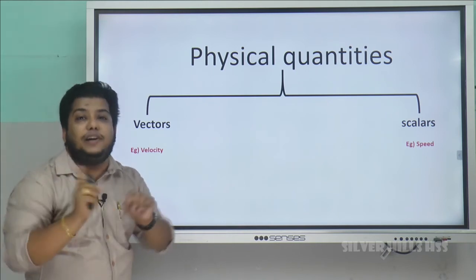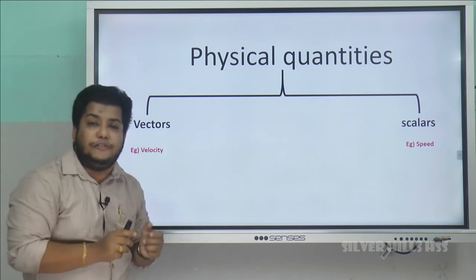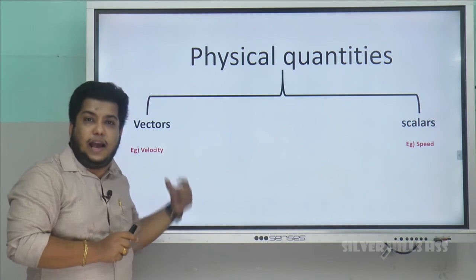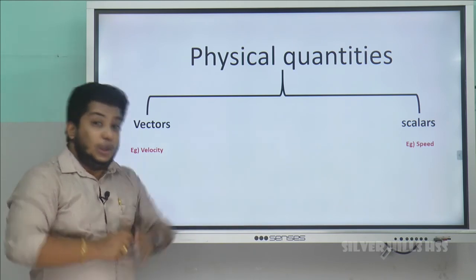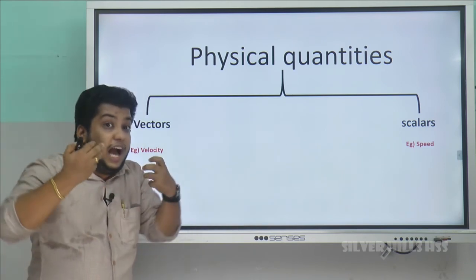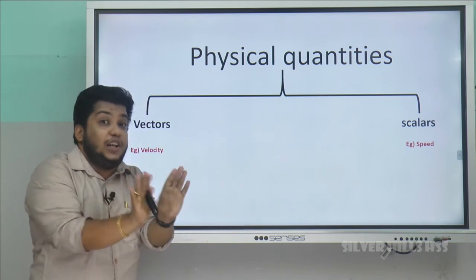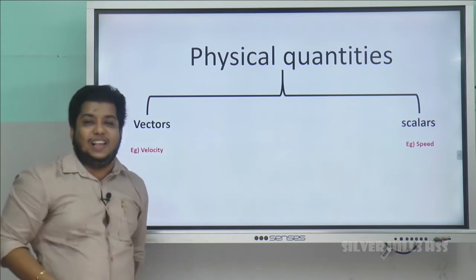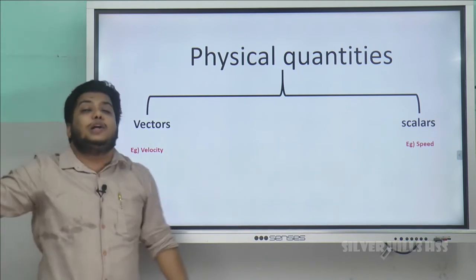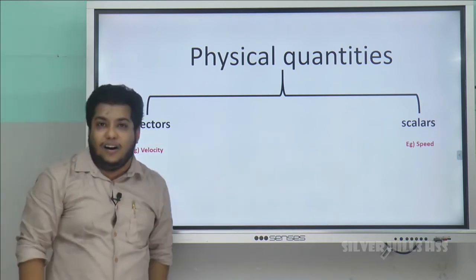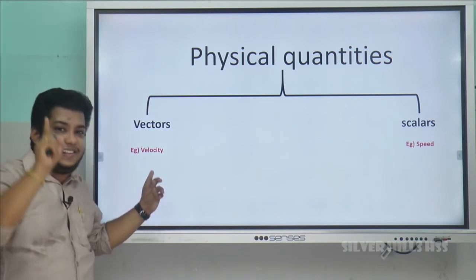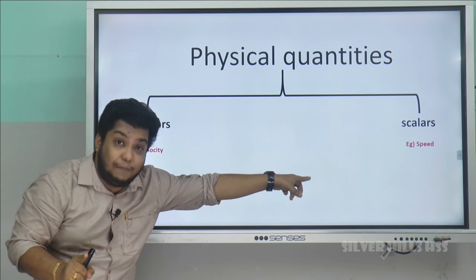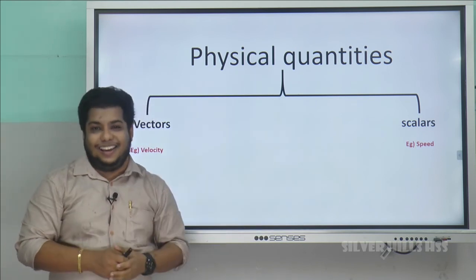So those physical quantities which have both magnitude and direction are called vectors, and those which have only magnitude are called scalars. Velocity is an example of a vector quantity. Speed is an example of a scalar quantity.